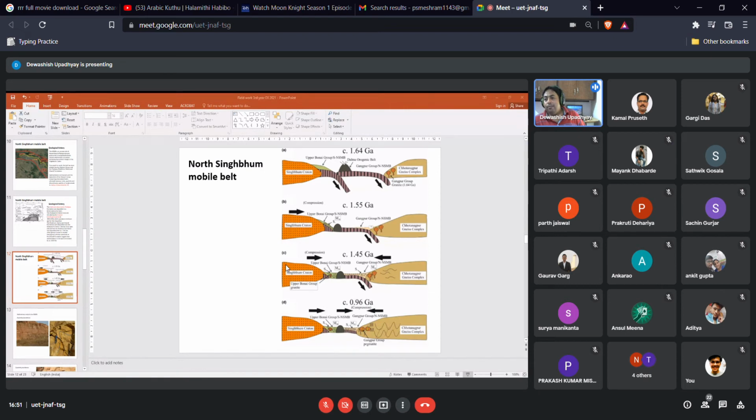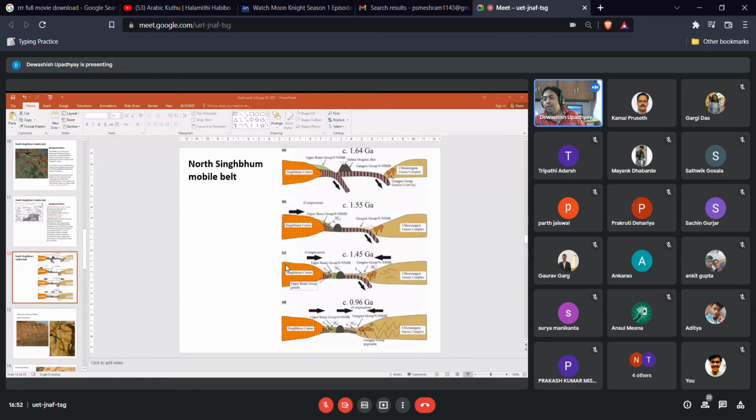And by about 1.45 Ga, you start accreting the northern part of the NSMB with the Chotanagpur Gneiss Complex and the Singhbhum Craton. So this led to the deformation of these metasediments and volcanic rocks that you have here.